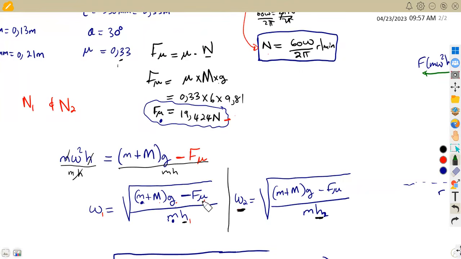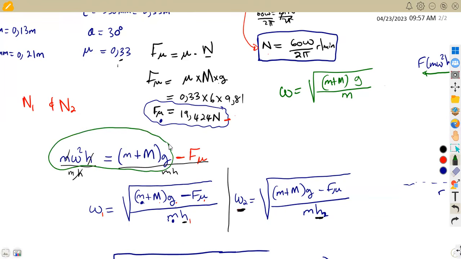Once there's a frictional force, you subtract both. Normally, your omega is supposed to be given as omega is equal to the square root of m plus M into g, like this, everything over m. If you make omega the subject from this formula, if you are not given the frictional force, you end up with omega this way.